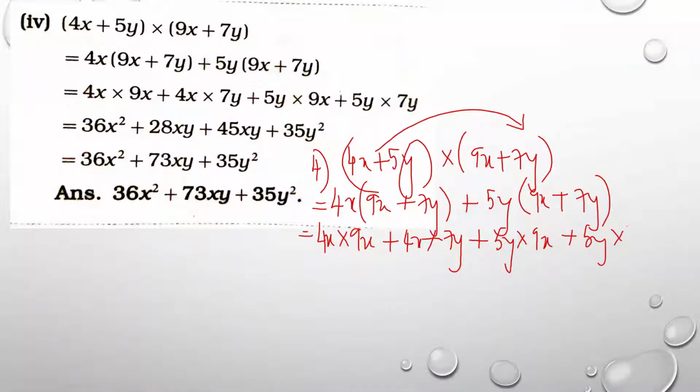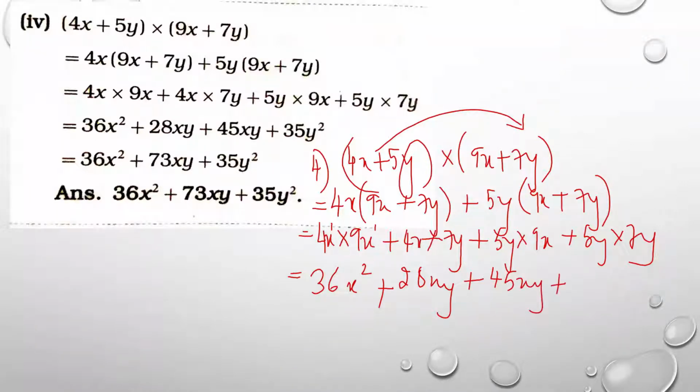Now multiply the coefficients here. 4 nines are 36. Add the power here: x raised to 2. Plus 4 sevens are 28xy, plus 5 nines are 45xy, plus 5 sevens are 35.